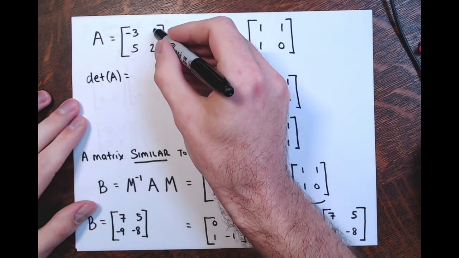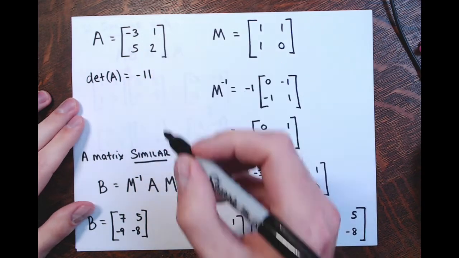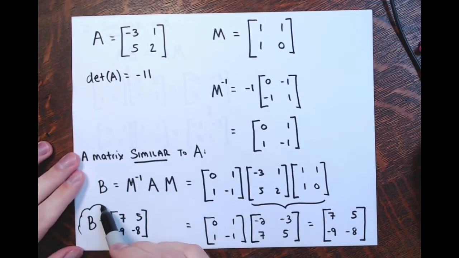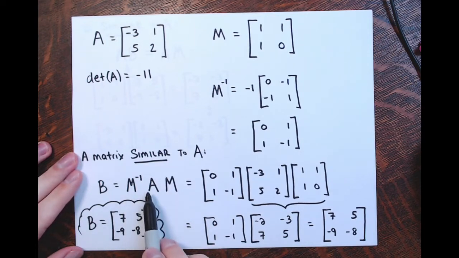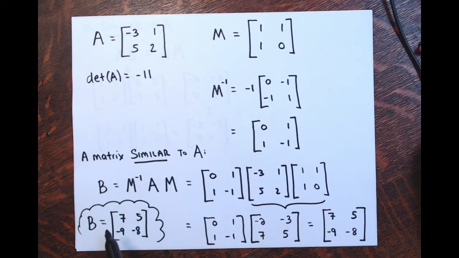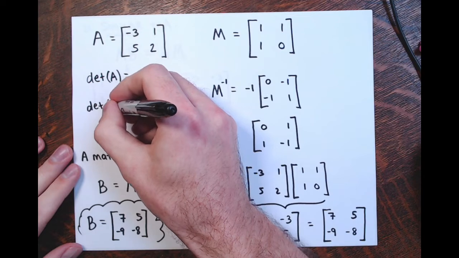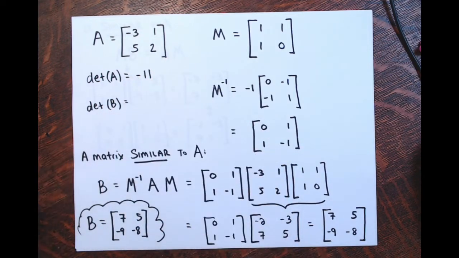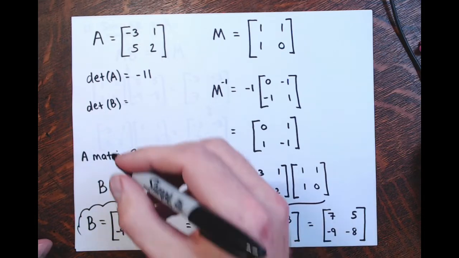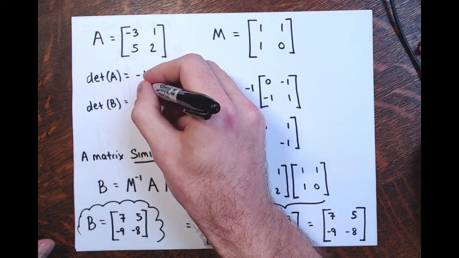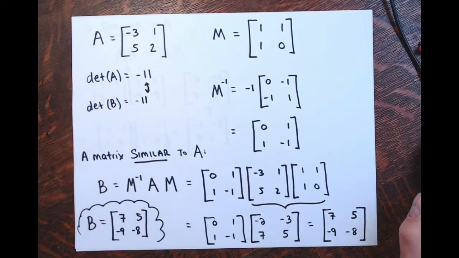Negative 6 minus 5, that's negative 11. And we said it was similar to this matrix here, with the M inverse times A times M, similar to this matrix B. And what's the determinant of that matrix? Well, according to our theorem, it should also be negative 11 if they truly are similar. Let's see, that'd be negative 56 minus negative 45 or plus 45. That is indeed negative 11. So the determinants of similar matrices are equal.